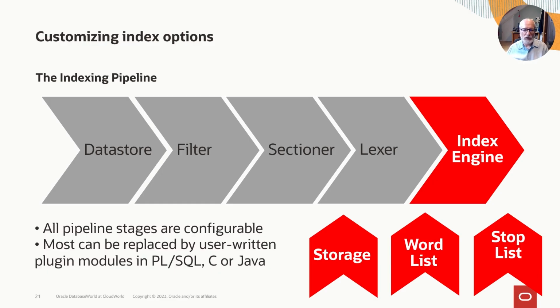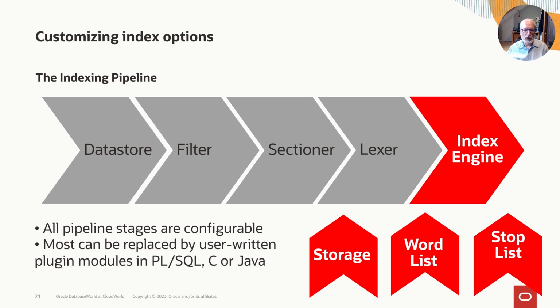Secondly, customization. We've only looked at default indexes at the moment to do a standard out-of-the-box search, but there are many changes that you can make to an Oracle Text index to customize the way it works, the way it deals with text, and so on. And all of these stages can be modified by plugging in your own code.